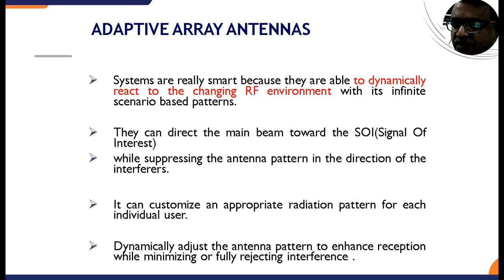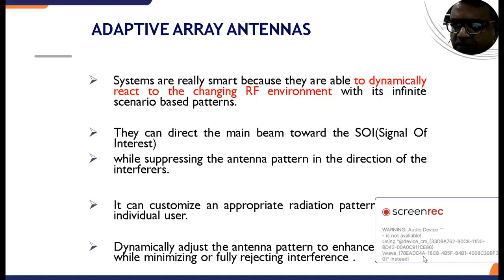So in adaptive array antennas, systems are really smart because they are able to dynamically react to the changing RF environment. They can detect the main beam towards the signal of interest while suppressing the antenna pattern in the direction of interference.